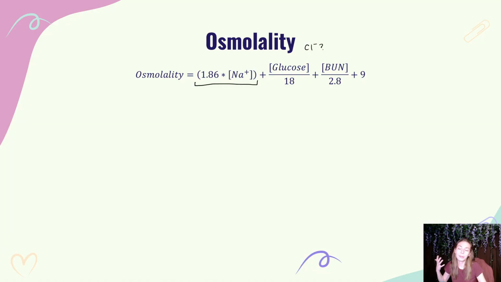Rather than including both the concentrations of sodium and chloride, what we do instead is multiply sodium by something really fancy, and I cannot for the life of me remember what it is, but basically 1.86 divided by 2 is 0.93. 1.86 is 2 times the effect that sodium has on osmolality.